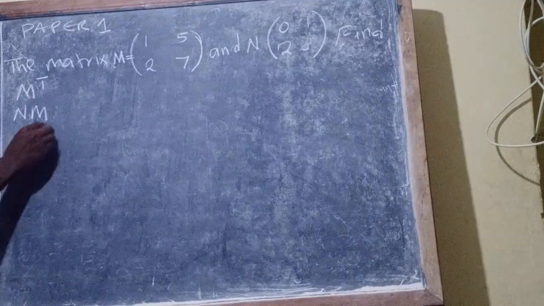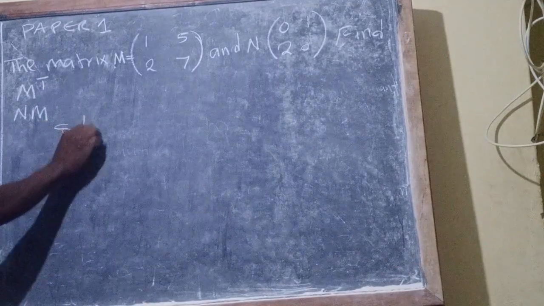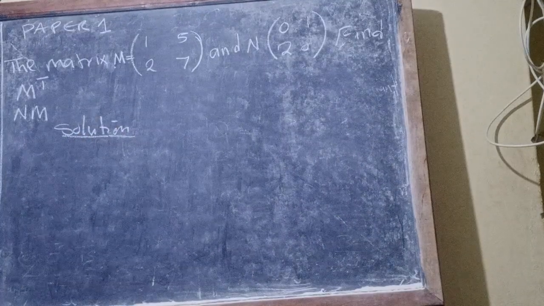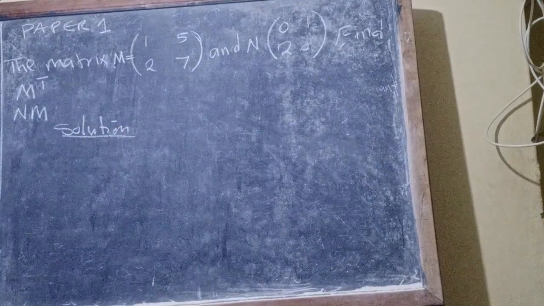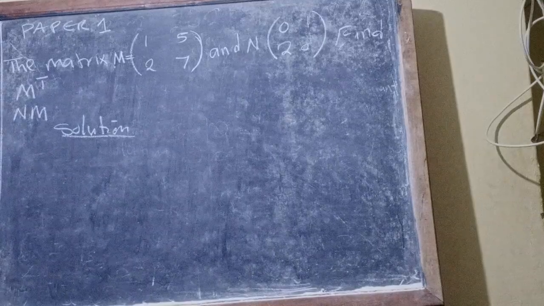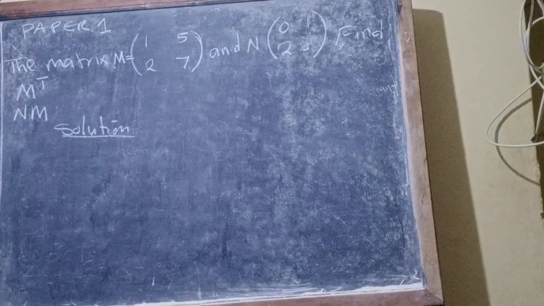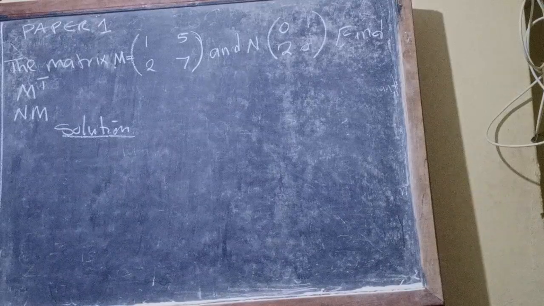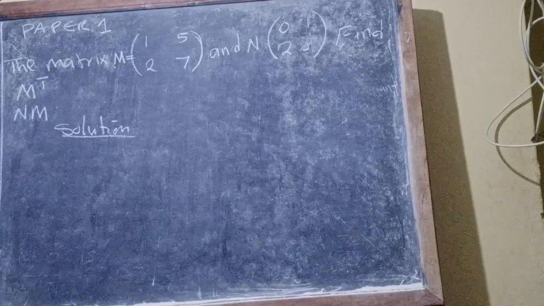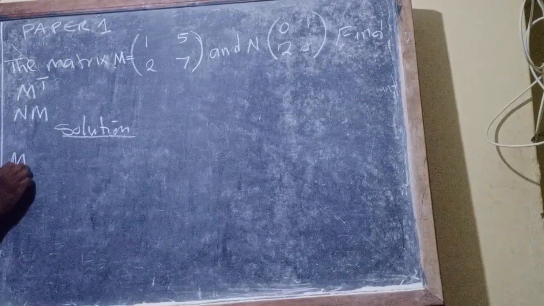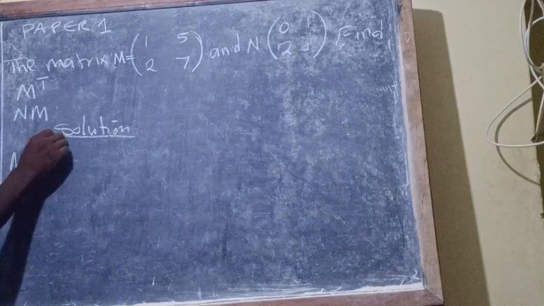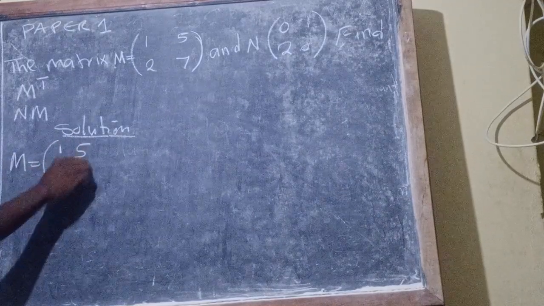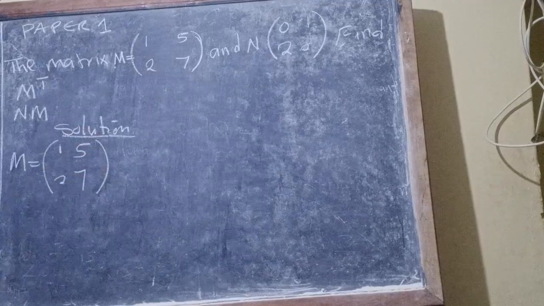Okay, let's start. So how do we find a transpose of a matrix? A transpose of a matrix is found by replacing the rows by the columns, and the columns are replaced by the rows. So we have matrix M, which is 1, 5, 2, and 7.